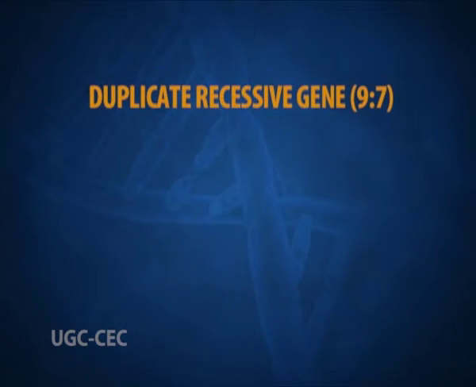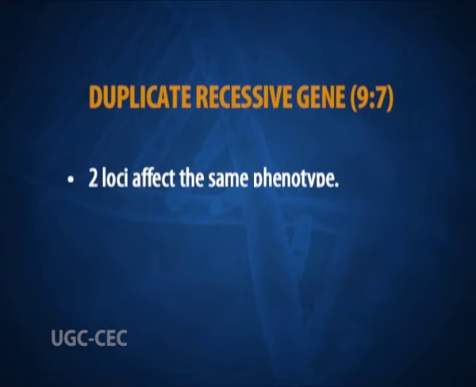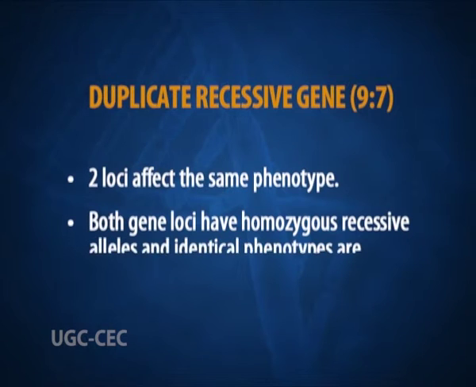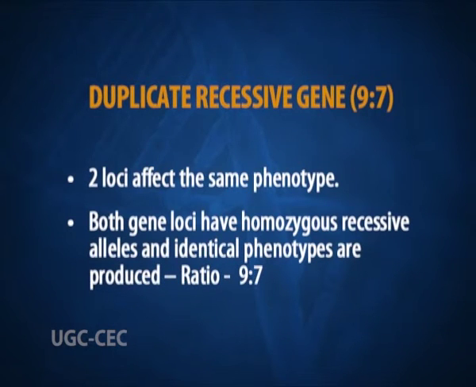Duplicate recessive gene occurs when two loci affect the same phenotype. If both the gene loci have homozygous recessive alleles and identical phenotypes are produced, then the ratio will be 9:7.